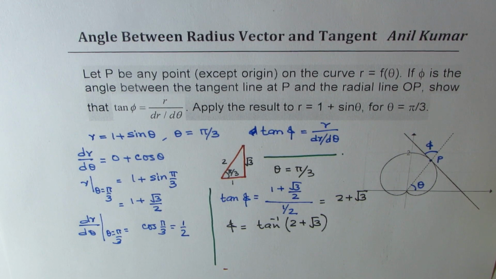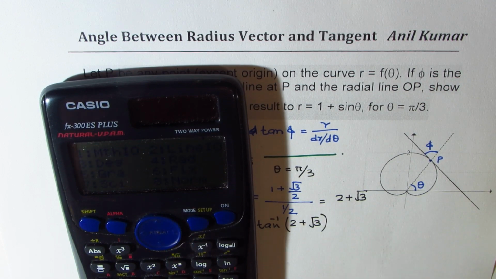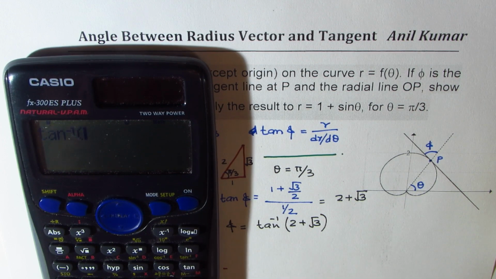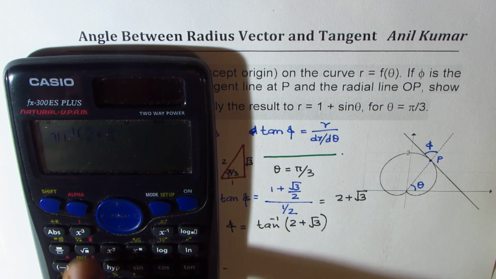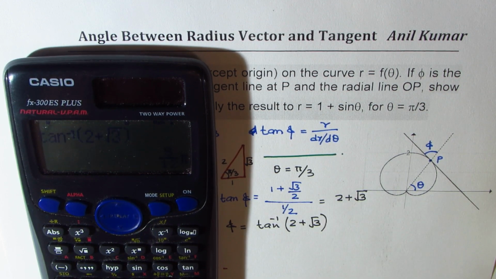Using the calculator in radian mode, so that's very important. You have to use the calculator in radian mode, which is 4 for this setting. So we have tan inverse of 2 plus square root 3 is equal to 5 pi by 12.